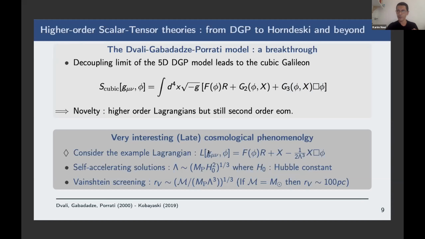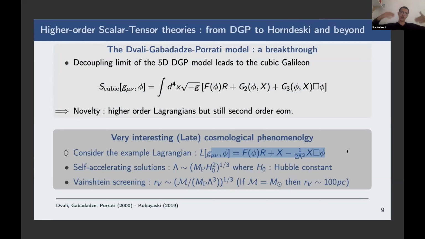For instance, if you consider the simplest Lagrangian, this one, you see here G2 is only X, and the G3 function multiplying box phi is just capital X. So this is a simple example of this kind. You have a new scale, this lambda here, which is an energy scale. And you can show that this kind of dynamics can allow you to reproduce self-acceleration.